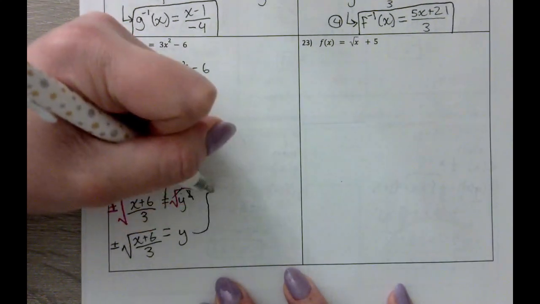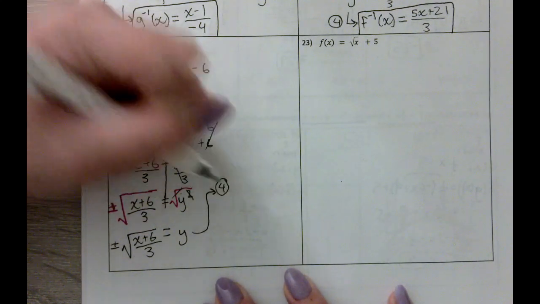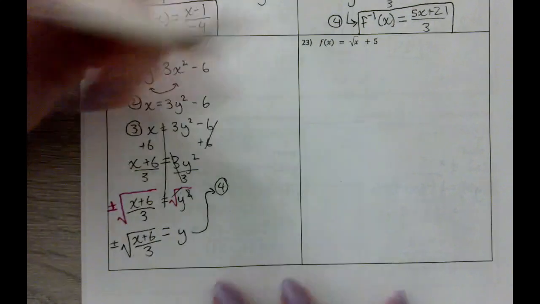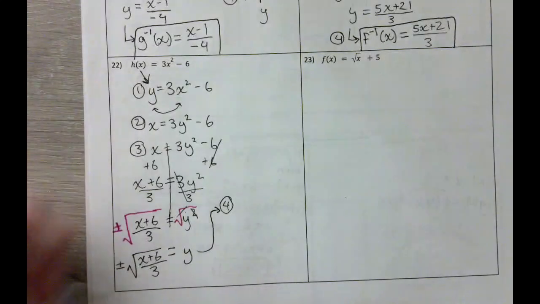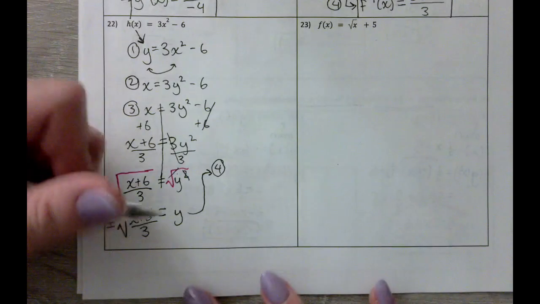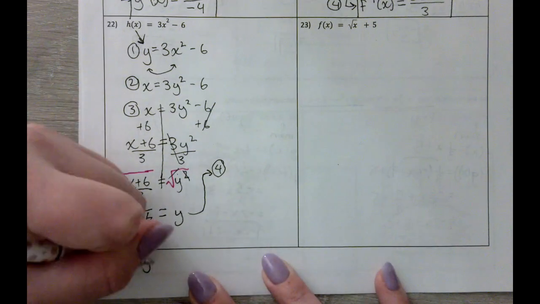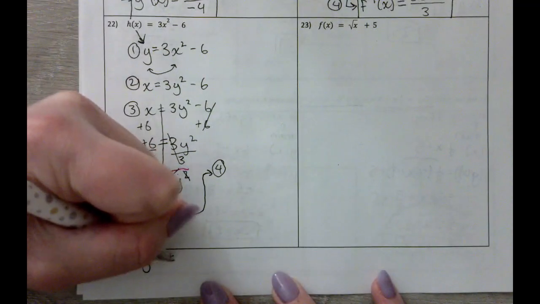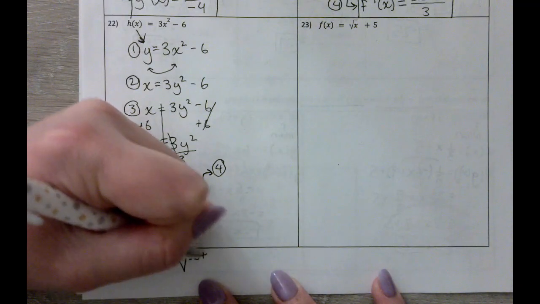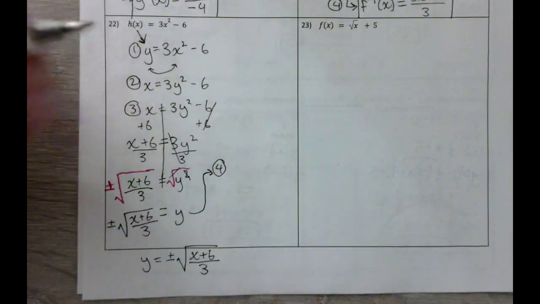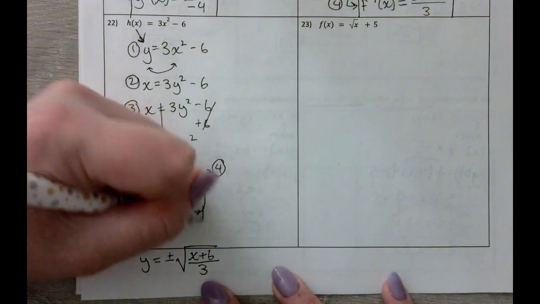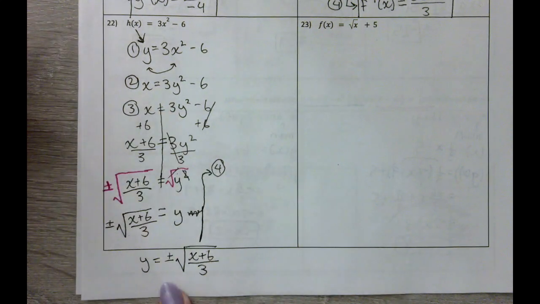Last step, step 4. Hang on a second. Let me take one more step over here. I'm going to switch these first. Y equals plus or minus square root x plus 6 over 3. Okay. From here, step 4.